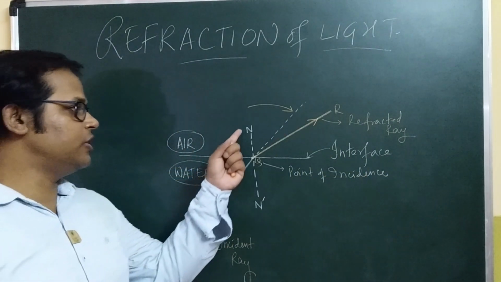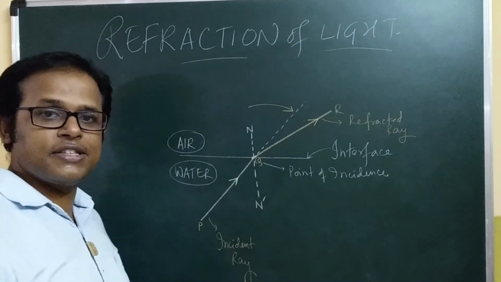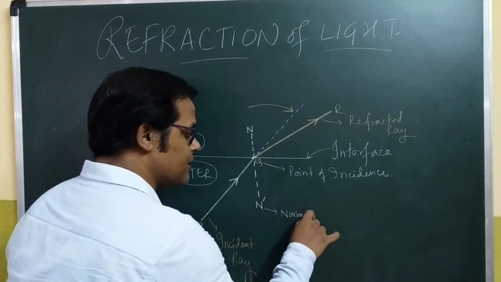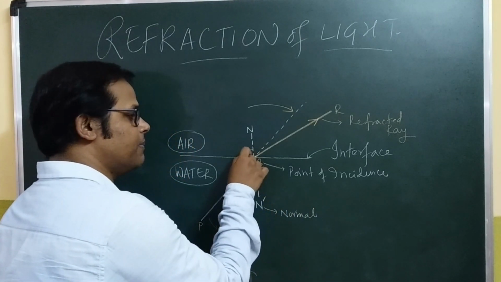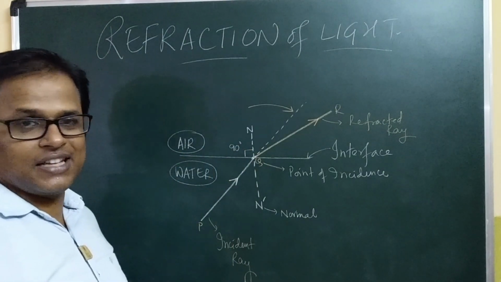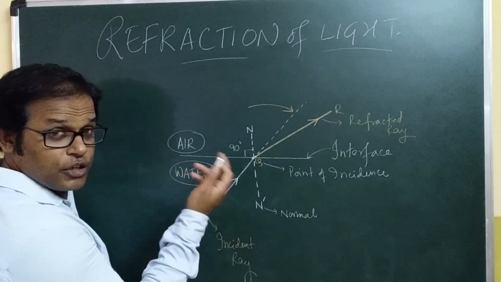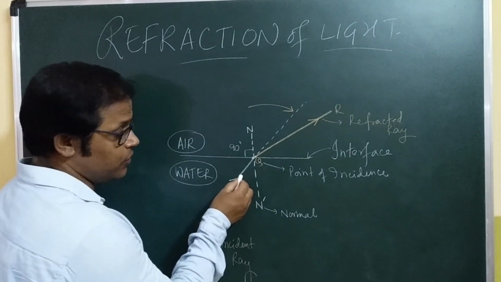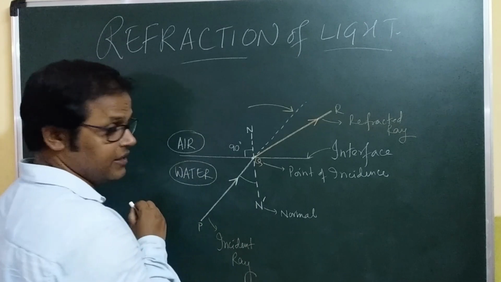And now, as I already told you, N dash will stand for the normal. Normal always passes through the point of incidence and makes an angle of 90 degrees with the interface. Is that clear? Now, looking into the angles part, the angle created between the incident ray and the normal is this.